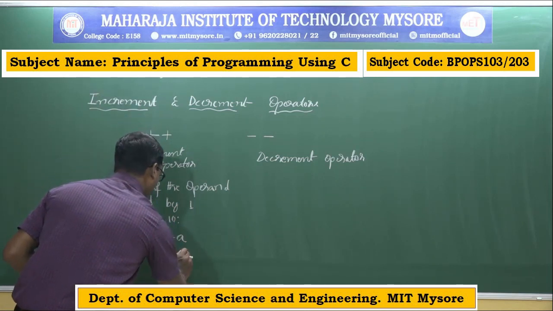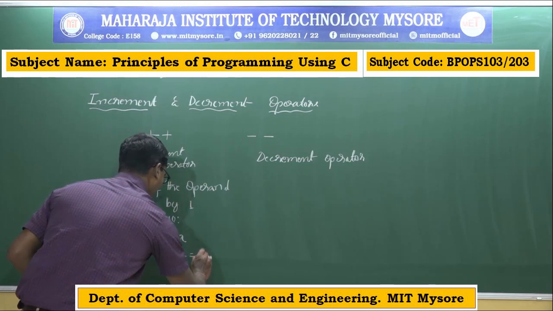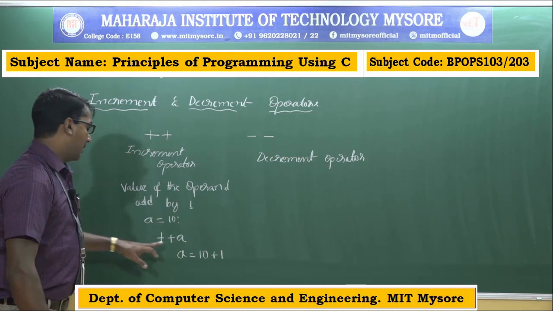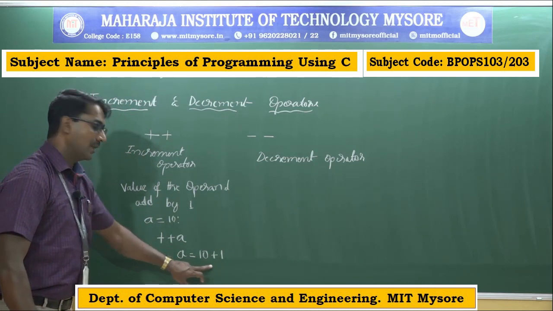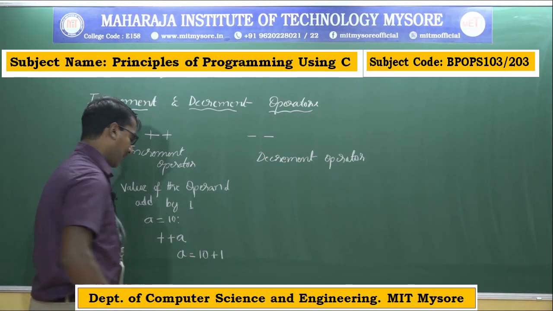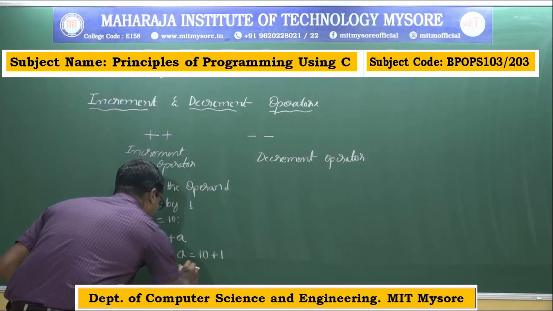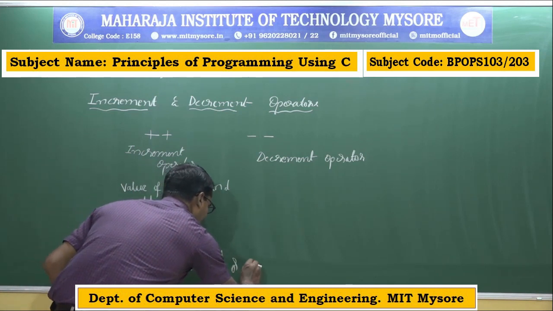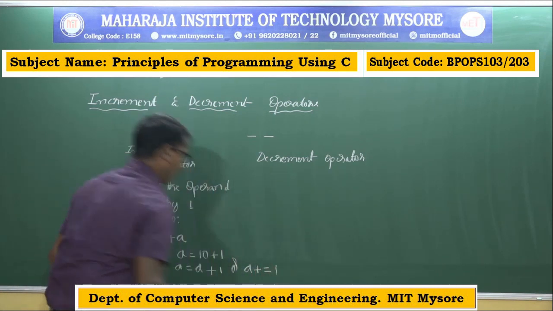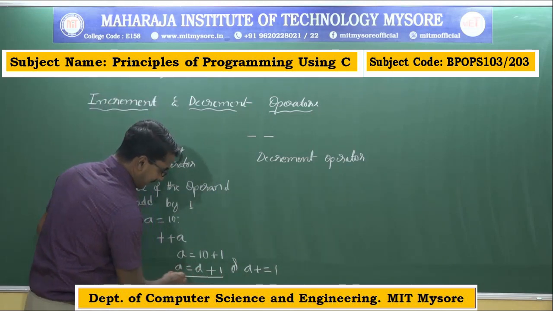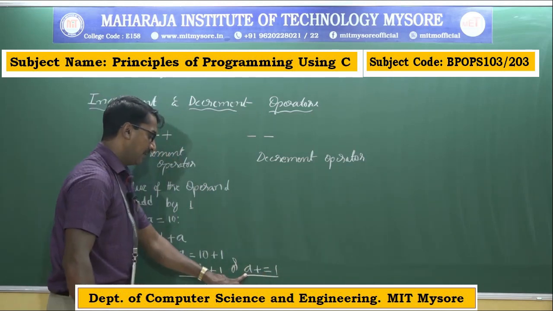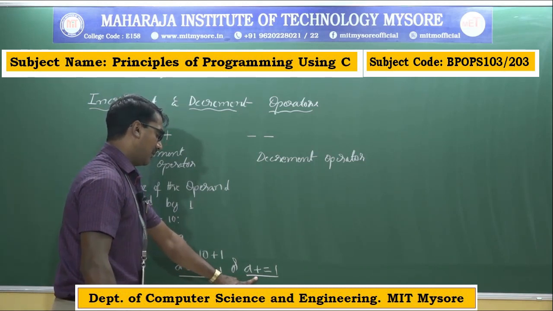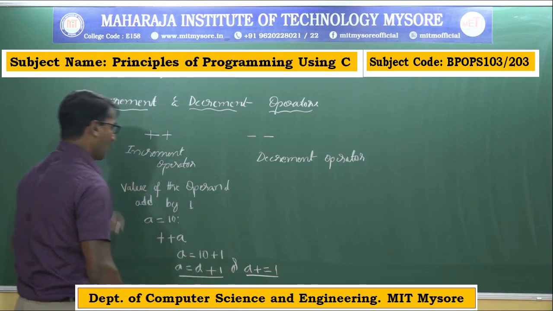Means A is equal to 10 plus 1. Plus plus A means A is equal to A plus 1. So we can also write it as A is equal to A plus 1 or A plus is equal to 1. This is the shorthand assignment operator. Here the value of A will be incremented by 1, means the operand value is added by 1.